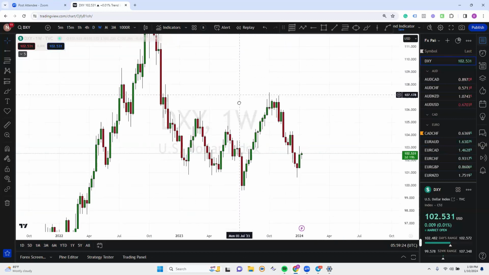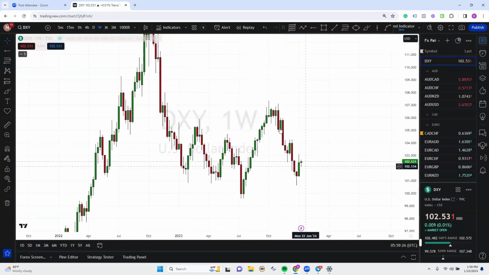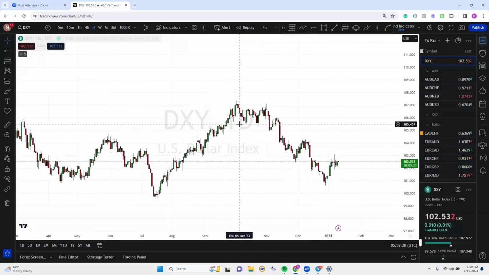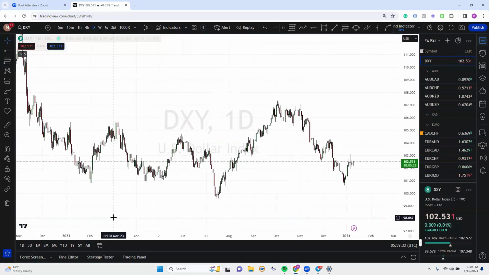Now let me ask you: you look at this weekly chart compared to the daily chart. Which one makes more sense to you? Of course, the daily makes more sense to you, because it is retracing.